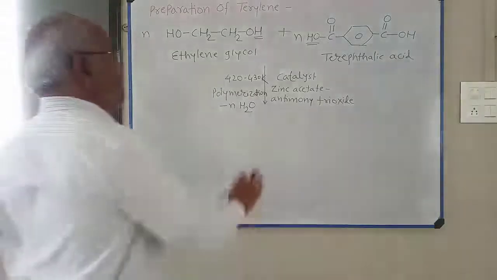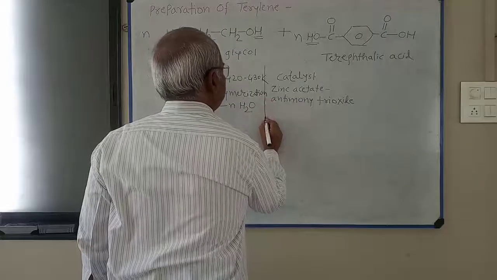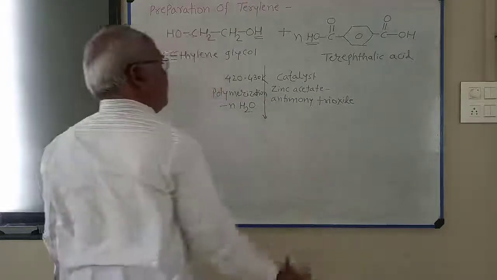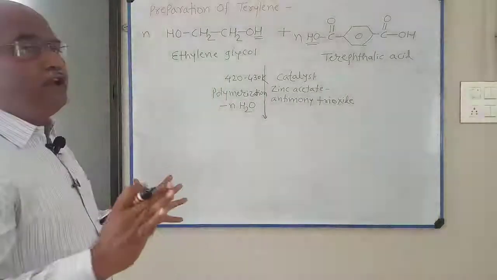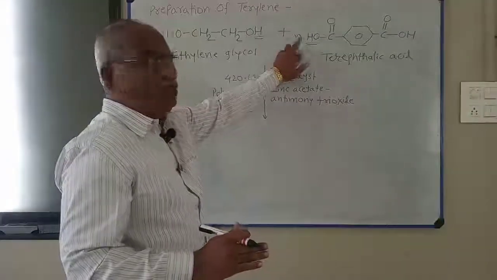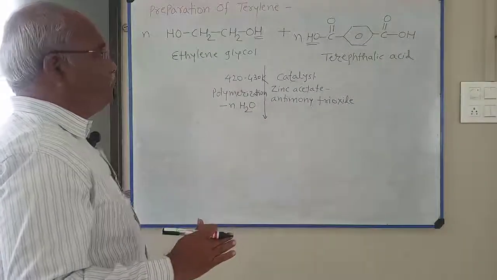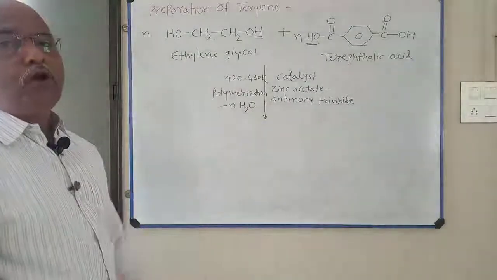N water molecules are eliminated and polymer is produced. So these are two monomers. From these monomers, polymer is formed.